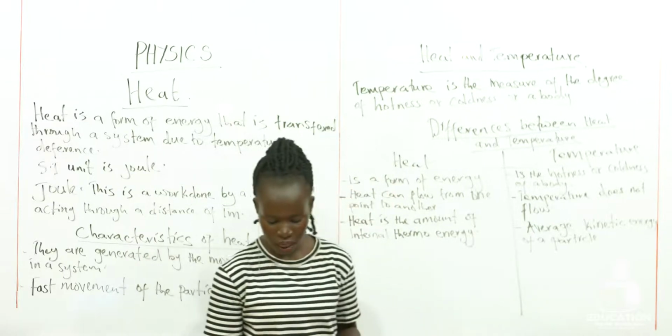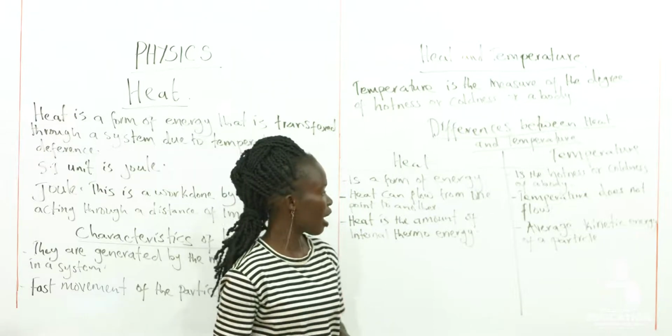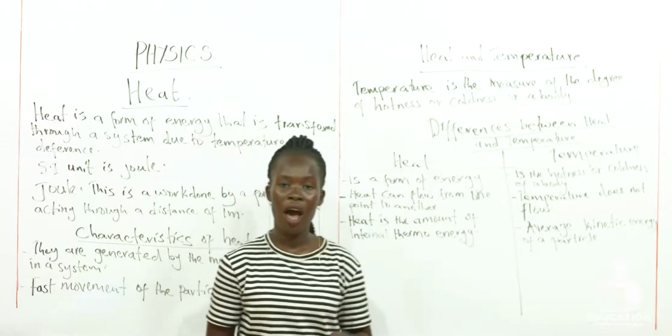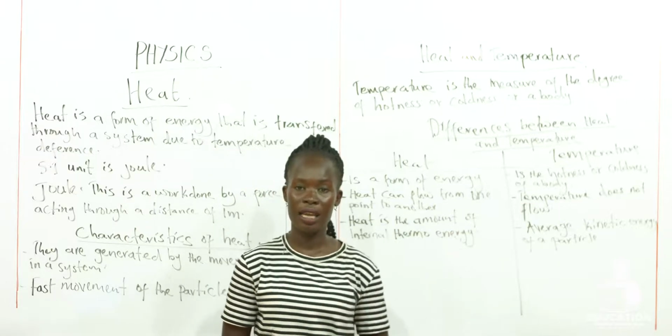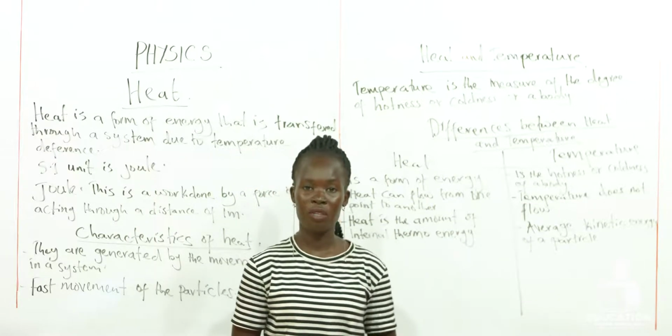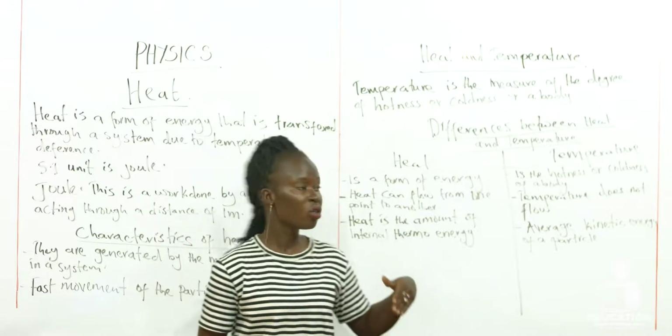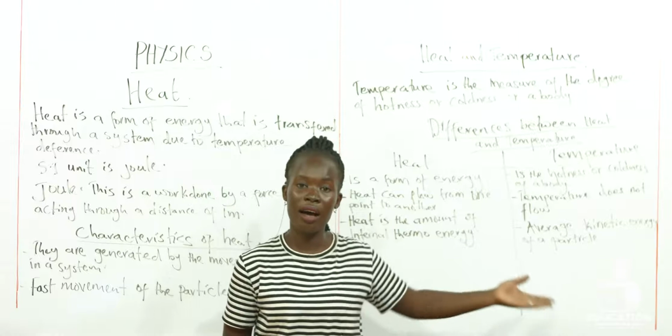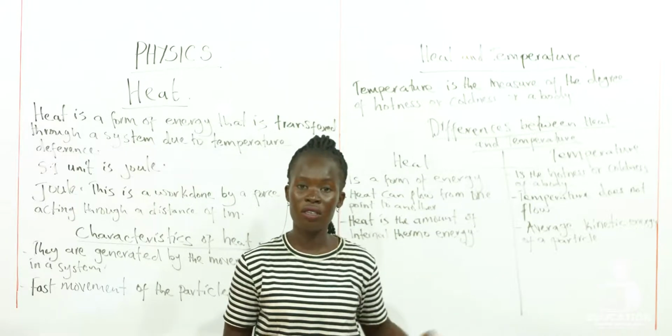So let's take a look at another difference there. We can extract a difference from its measurement. How do you measure heat? And how do you measure temperature? Do you use the same instruments to measure the heat and temperature, or different?